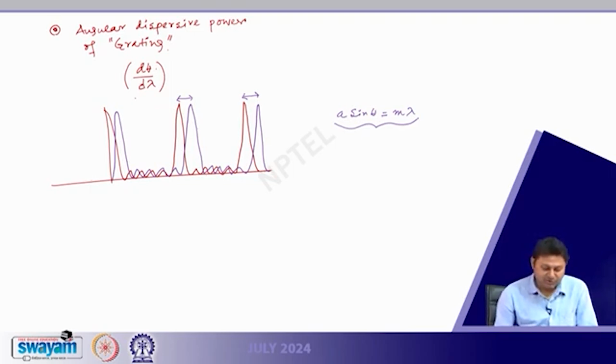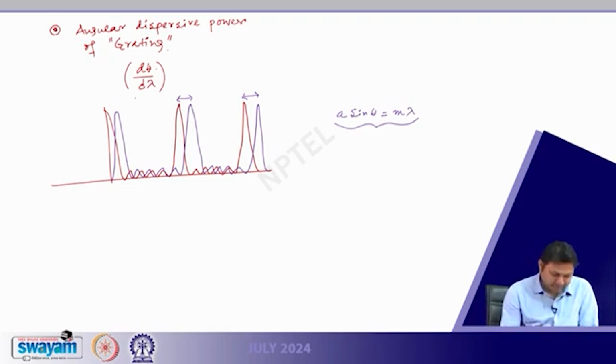So, there will be a shift. Now, if there is a shift, then what happened? With the same theta there will be a separation. So, how much angular separation with unit lambda one can have, and that basically measures the dispersive power of a grating.